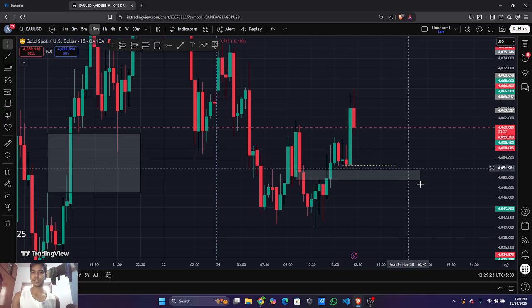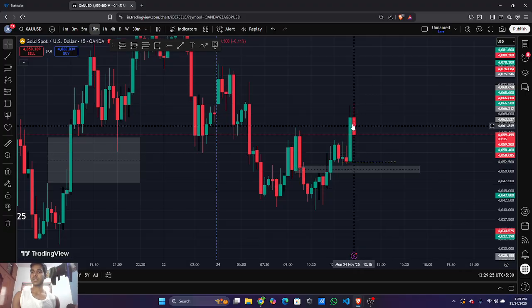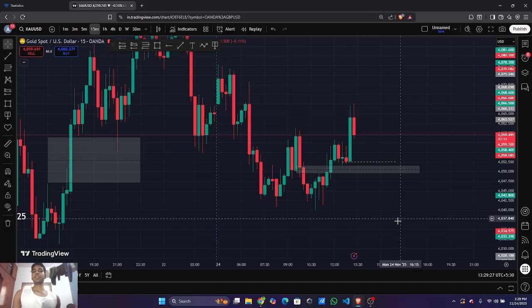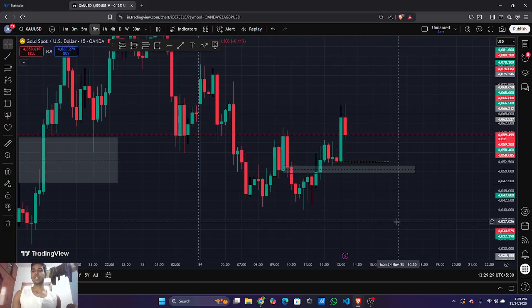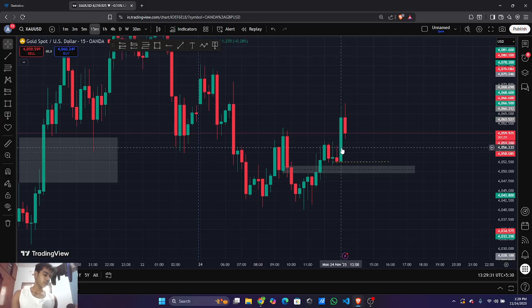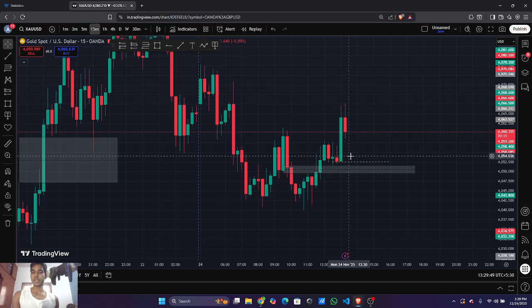As per alignment, it should have gone down. This is a strong candle. So in the short term, it's bullish. Overall, it's bearish. It is confusing. Whatever happens, we will go half in gold. XAU downside, if it closes below that swing, at least a 3-minute close below that swing, then we will go half quantity.